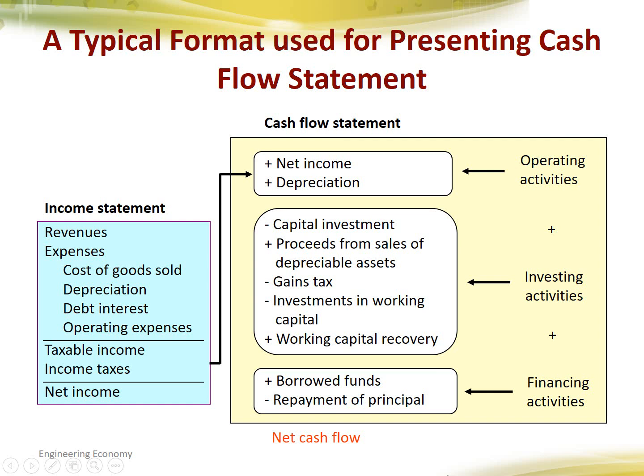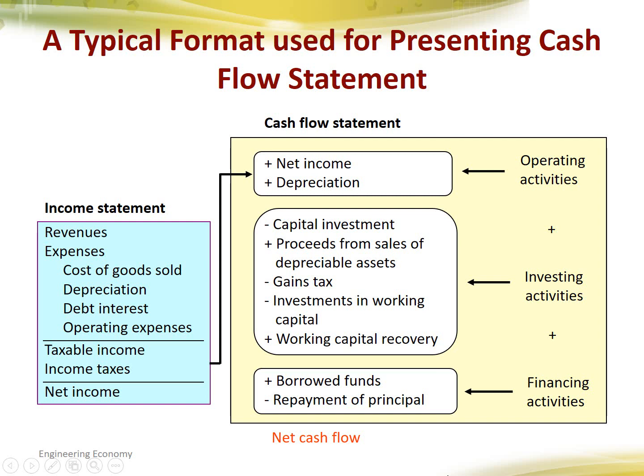But of course, you have repayment of the principal, right? With different installments. But interest will be considered in the income statement for debt interest. Then operating expenses. So this is operating, this is the cost of the product, depreciation and debt interest.